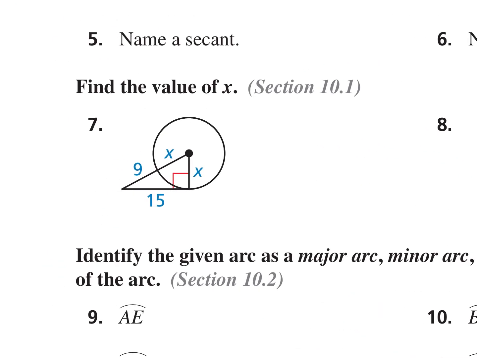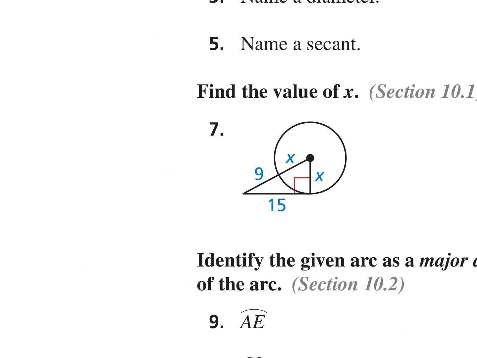Also be able to do a question like this where I ask you to find the value of the variable. This question was in the day 2 homework, and this was the supplemental problems that I did to the 10-1 notes. Again, if you opened up the notes the next day, they were the 4 additional examples at the bottom.